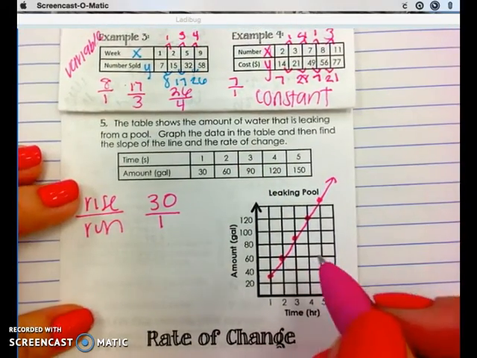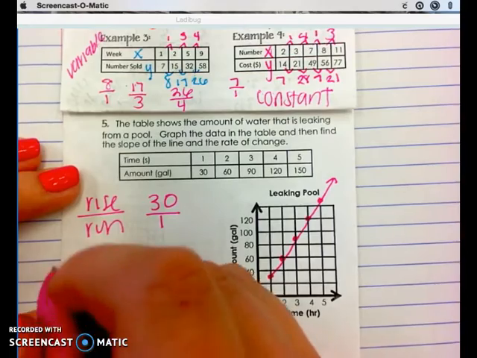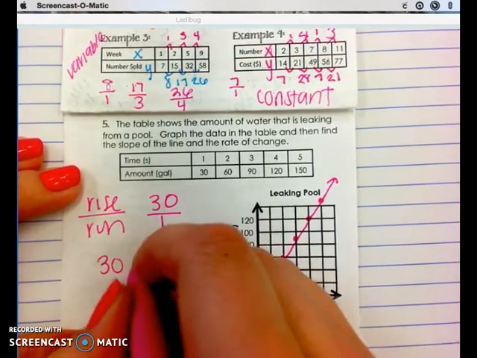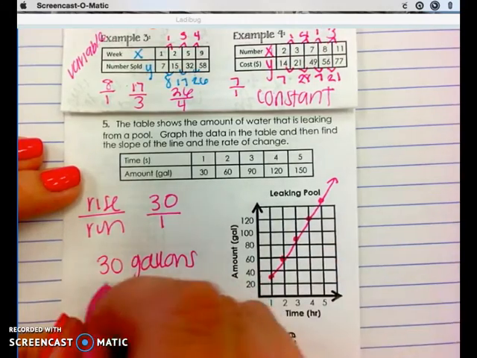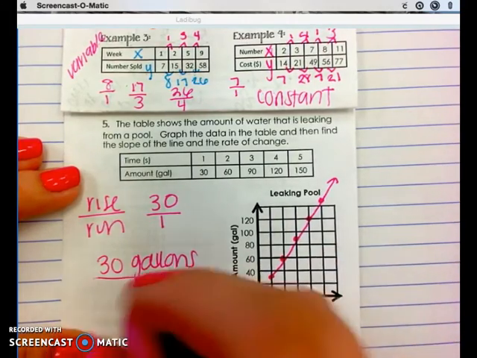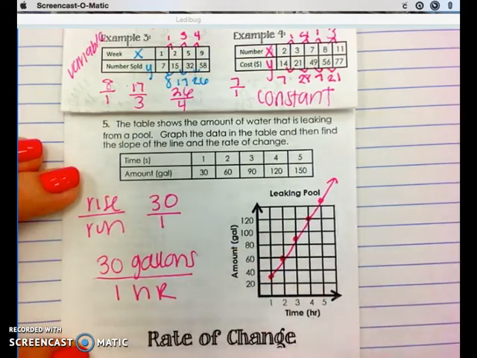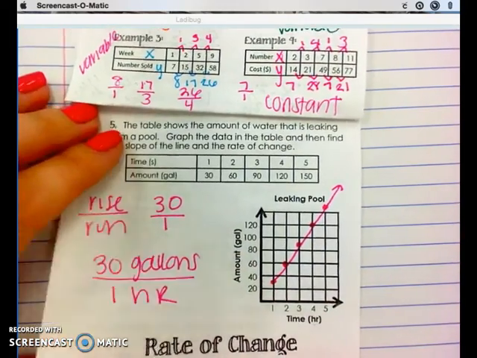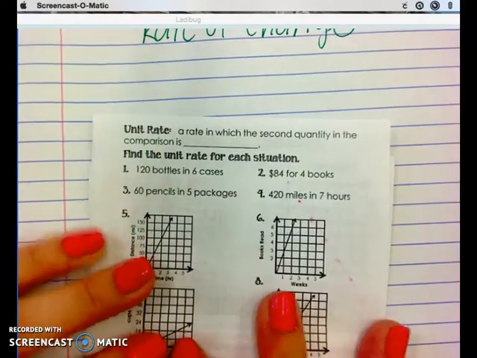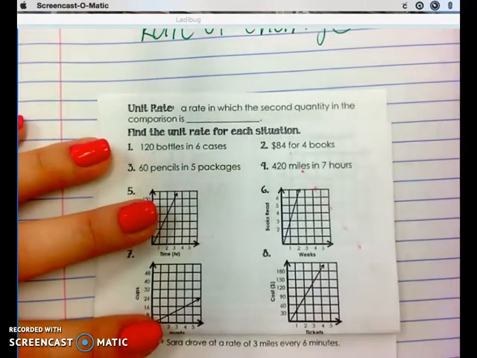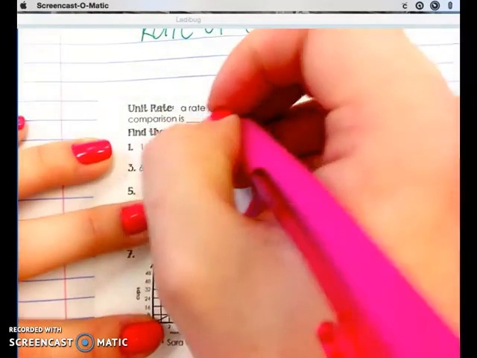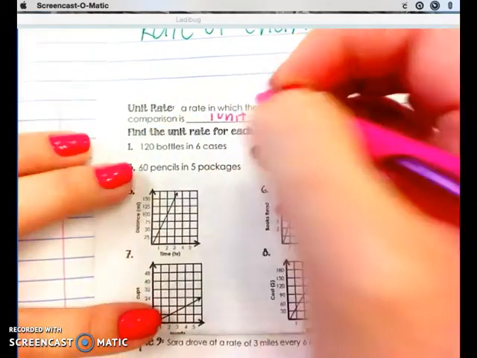Now, unit rate is a rate in which the second quantity is a comparison of one unit. So find the unit rate for each. I want per one case. So 120 bottles in 6 cases is 20 bottles per case. $84 for 4 books.